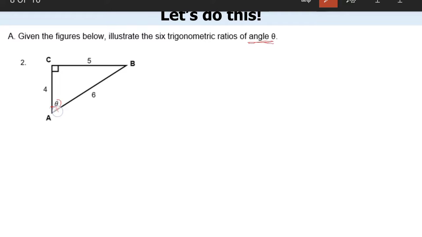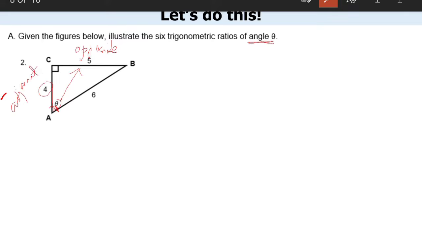If angle A is the reference angle, opposite to angle A is side CB. So this is your opposite. And adjacent to angle A is side CA. So this is your adjacent.